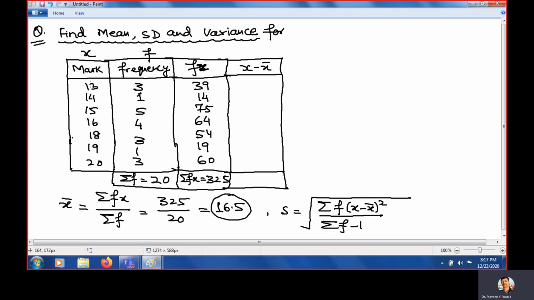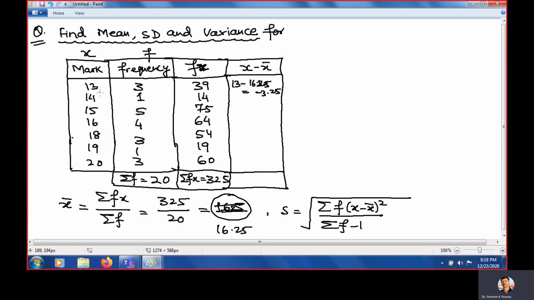Now this is x, this is x bar, so it is 13 minus 16.25, and the answer is minus 3.25. Please correct it: 16.25.